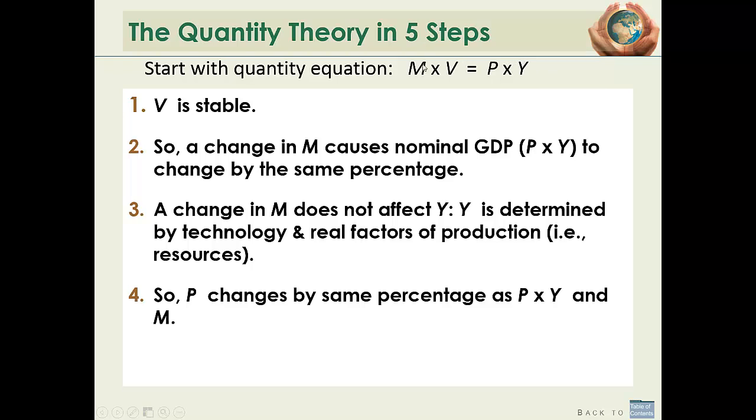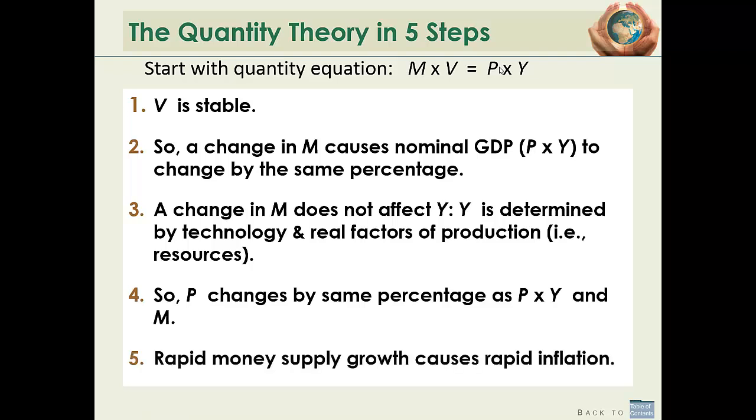And so in summary, if you increase the money supply by 5%, nominal GDP will increase by 5%, but since real GDP doesn't change, that means that the price level is also increasing by 5%. So if you want to know what happened in Zimbabwe, and you want to know what happened in Germany and Peru and Hungary when they were experiencing all that hyperinflation, it was because there was a rapid increase in the money supply that was causing that rapid inflation.